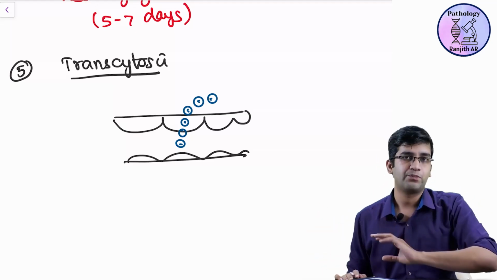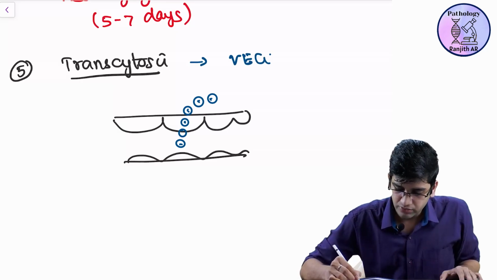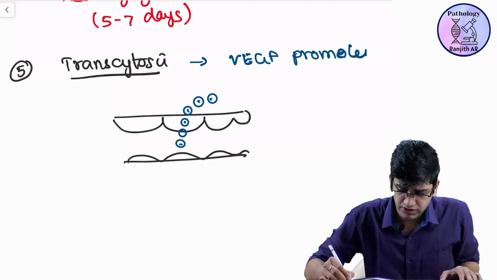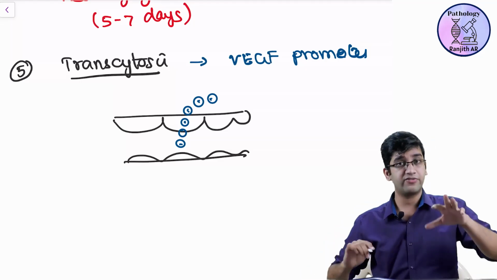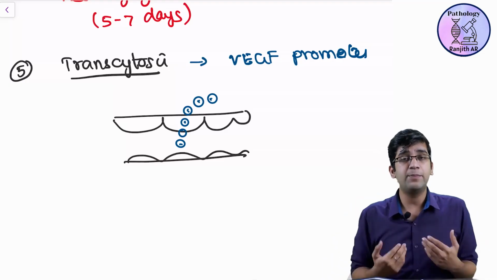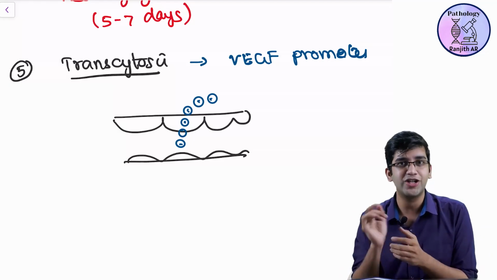That's called transcytosis. And they also say that VEGF promotes it. The recent editions of Robbins have removed it, but since I am going by the old one, I'm including this as well. These are the 5 ways by which my endothelium or my vessel can contribute to the increase in vascular permeability. So the vascular phase is done now. We'll now go into the cellular phase.